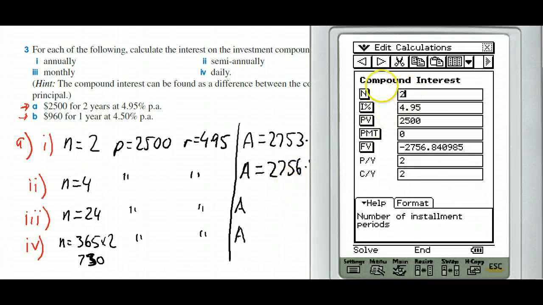Okay, next we've got 24 installments, and this time 12 per year, and that gives us 2759.60.